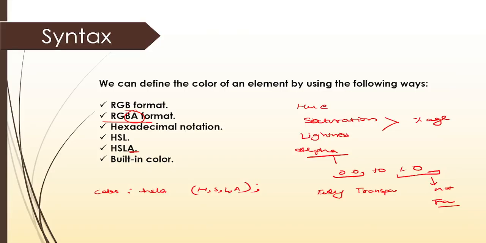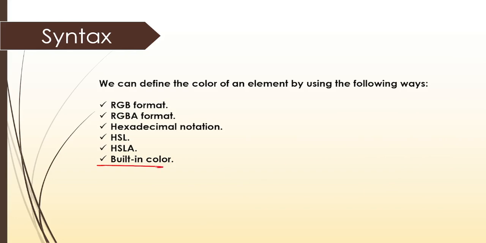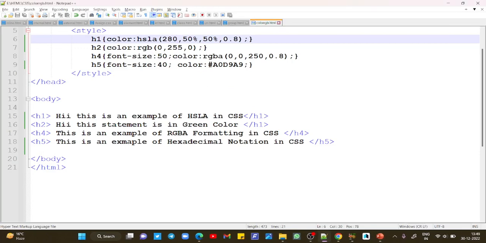Now the next point we have is built-in colors. Built-in colors are very important and a generally used type in CSS. Let's take an example over here.